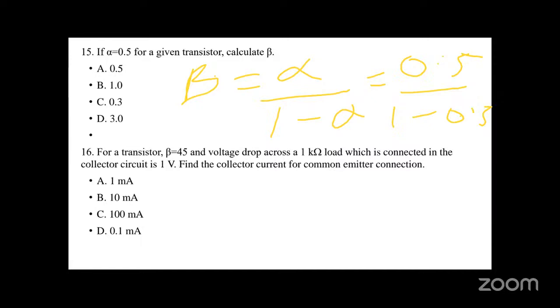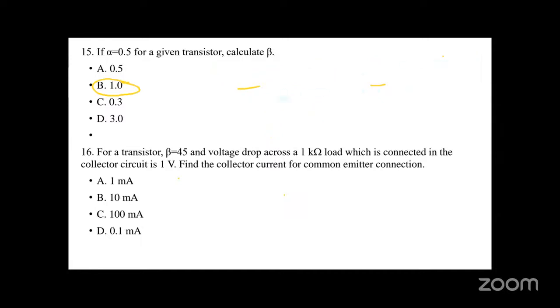So we have beta becomes 1. So the correct answer is B.